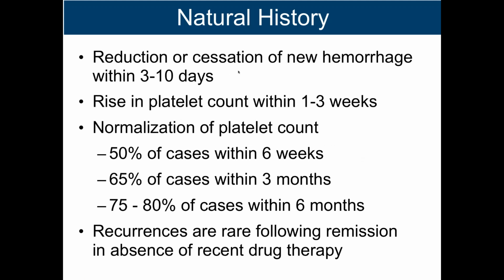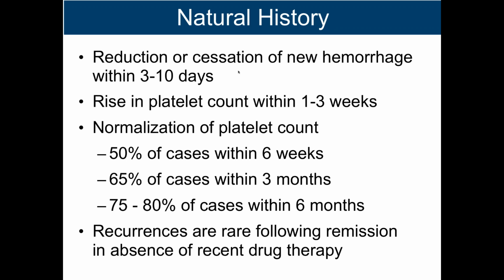Well, we know from the natural history that we get reduction or cessation of new hemorrhage within 3 to 10 days. This is associated with a rise in the platelet count within 1 to 3 weeks. The platelet count will become normal in about 50% of cases within 6 weeks, and by 6 months is normal in about 75 to 80% of cases.